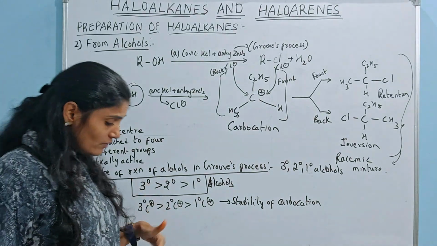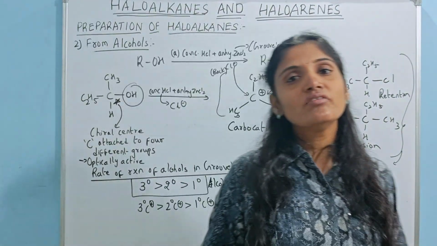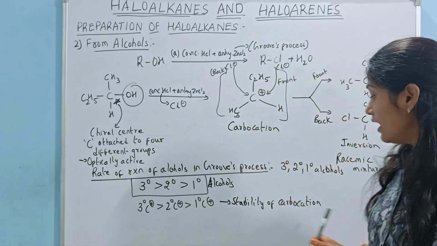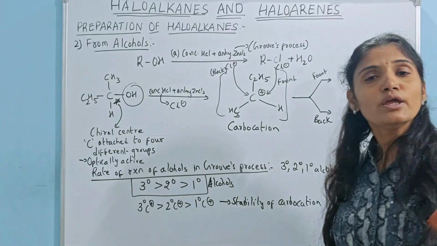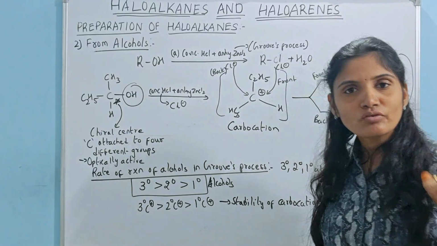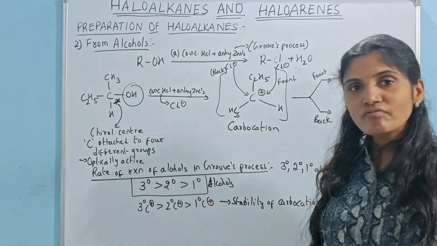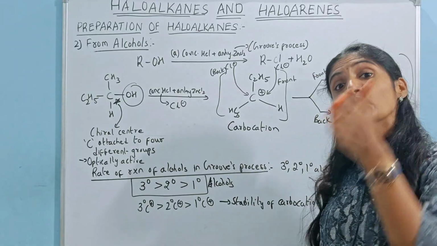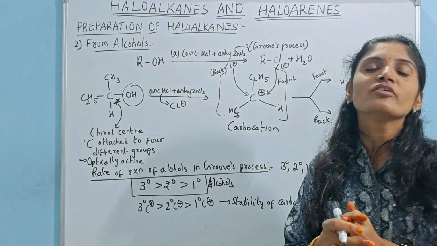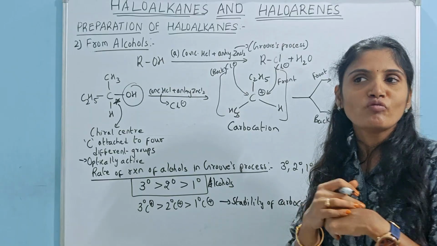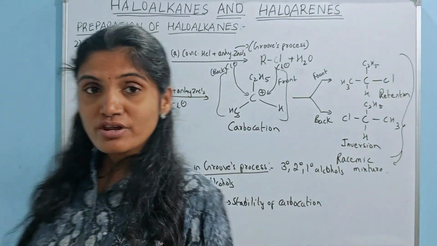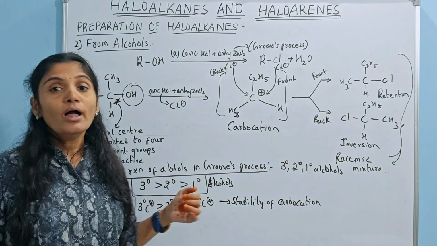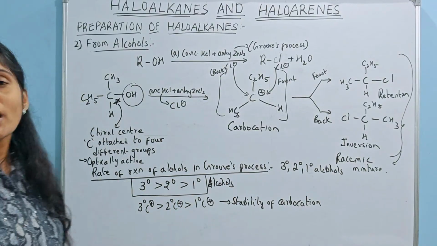And now this difference in the rate of reaction will help us to distinguish tertiary, secondary, and primary alcohols, because the three of them don't react in the same way towards the Lucas reagent. Now how is that happening? How do we distinguish tertiary, secondary, and primary alcohols based on their reactivity towards Lucas reagent?